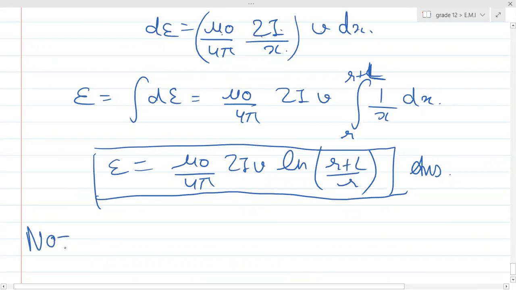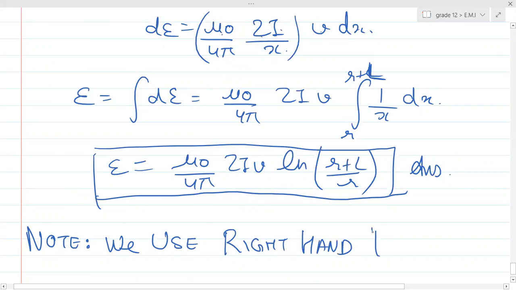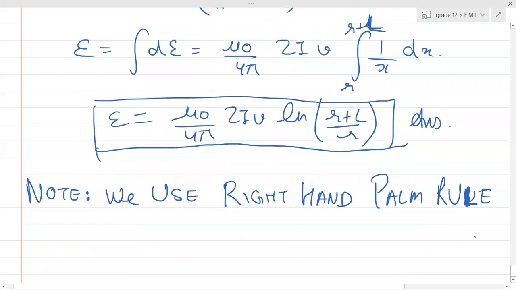Please note we use right hand palm rule to deduce the positive end.